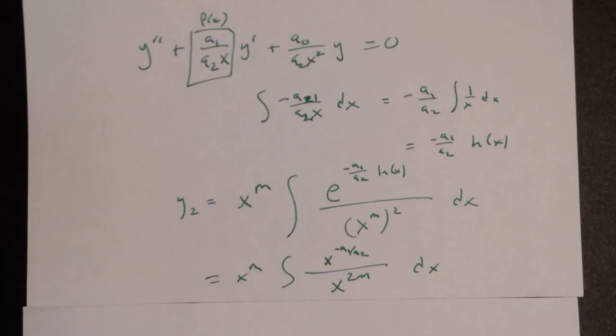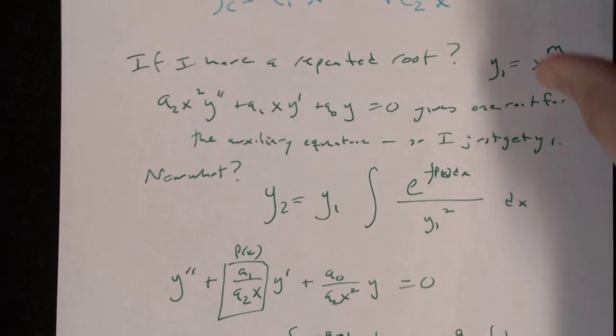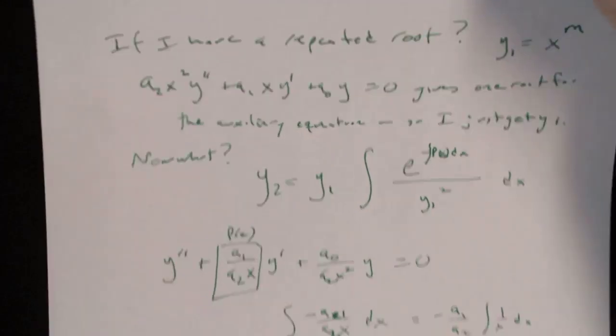Sheesh. Okay. I said m was the one solution to our auxiliary equation, right? m is just one root for the auxiliary equation. Hang on a second.